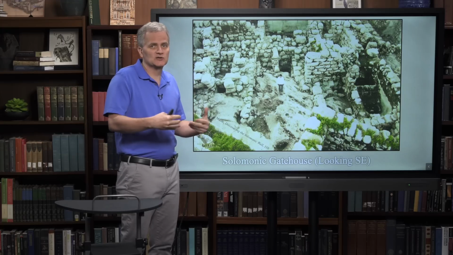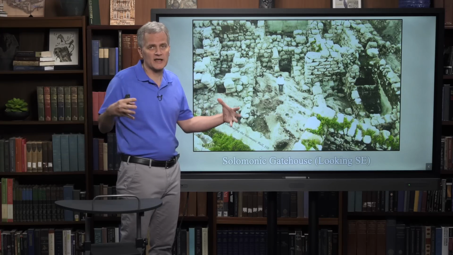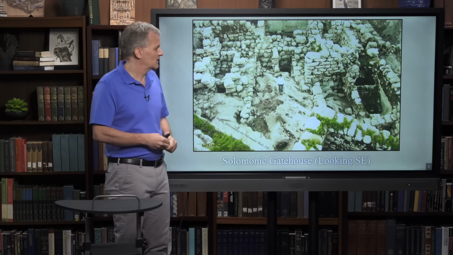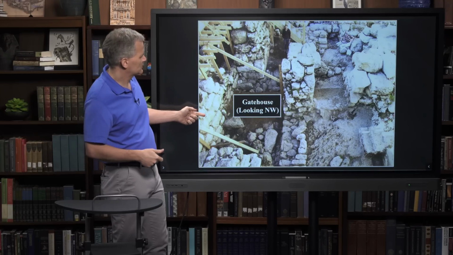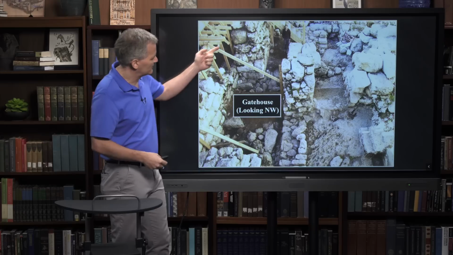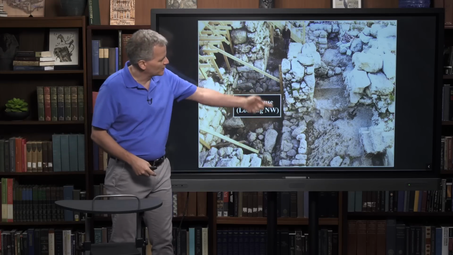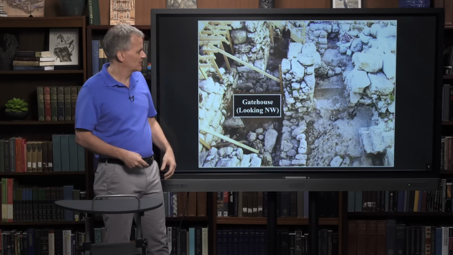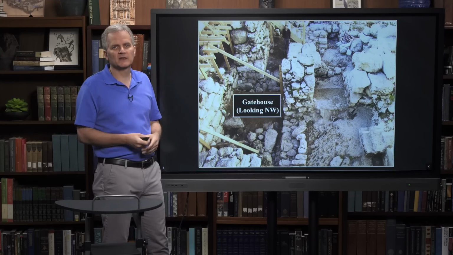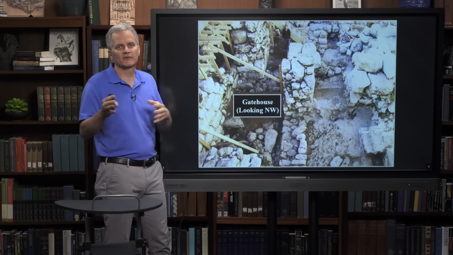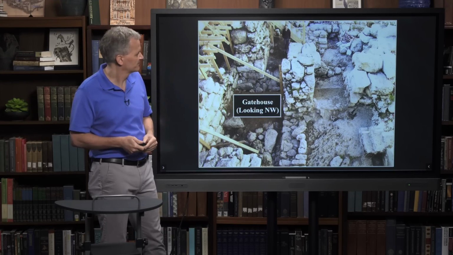Again, suggesting to us that we have a very strong and hefty workforce, because it would not be an easy job at all. And then this is one final, more close-up look at the gatehouse. And so you can see part of the walls here that define the various rooms in the structure, both the gate itself and then the accompanying chambers.